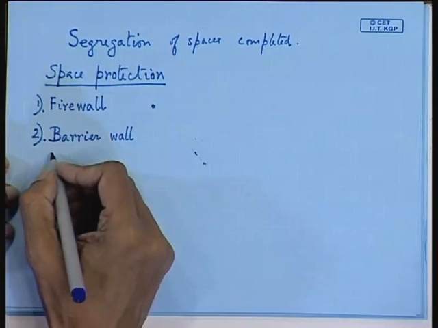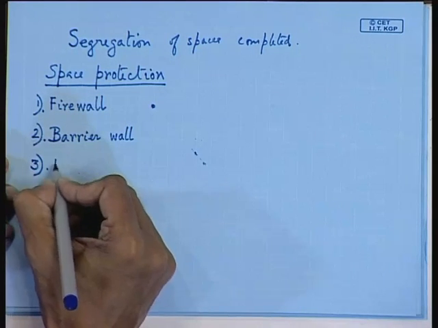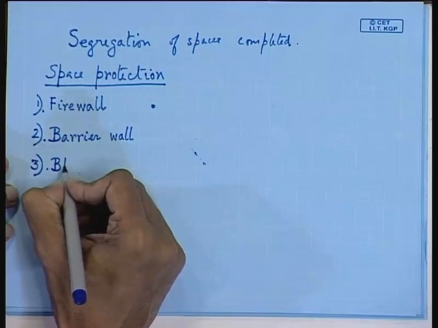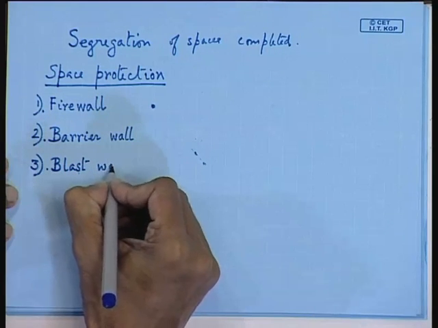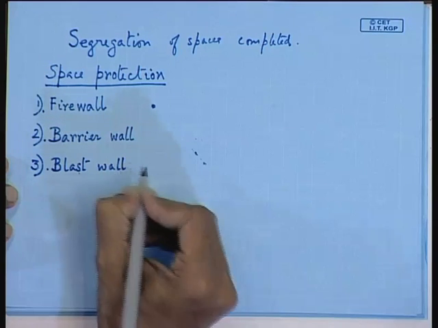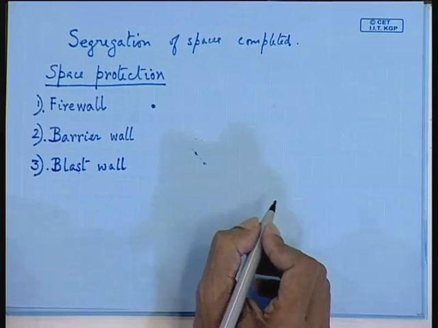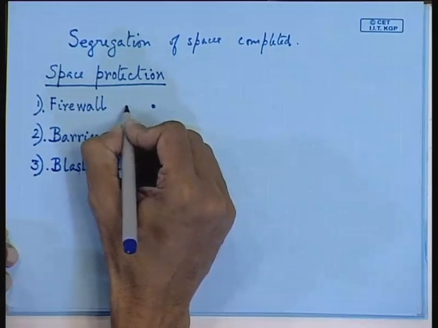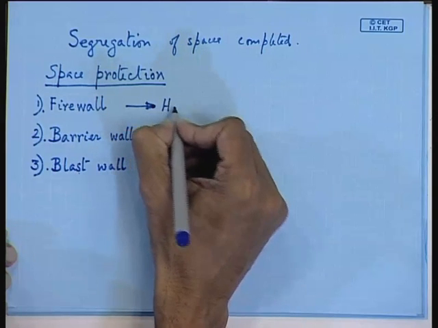And the third one is called a blast wall. So in the event of an explosion, you have to erect a blast wall. Firewalls basically provide what is called a heat shield.